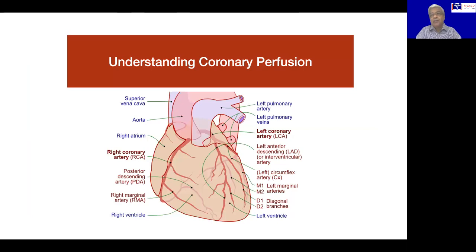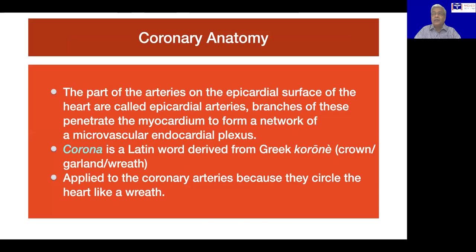Coming to the next part of the lecture, that's understanding coronary perfusion. As I said earlier, the coronary perfusion physiology should be well understood by anybody delivering anesthesia to a patient with coronary artery disease. The large arteries on the epicardial surface of the heart are called epicardial arteries.